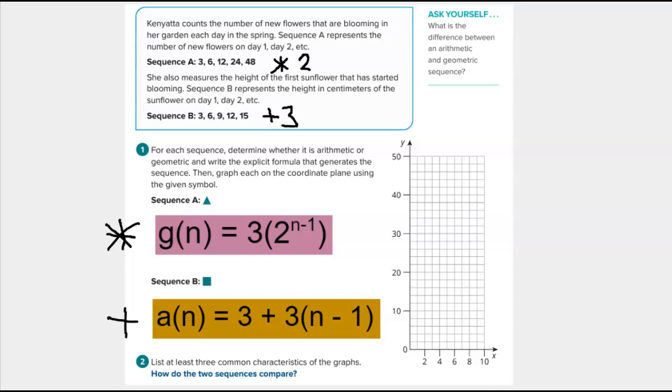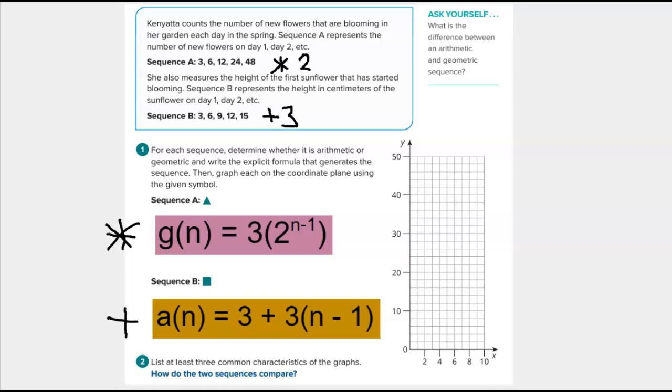And I know that this assignment tells you to use triangles for A and squares for B, but since you're writing this in your book, instead of using shapes, if you want to use different colors, feel free.